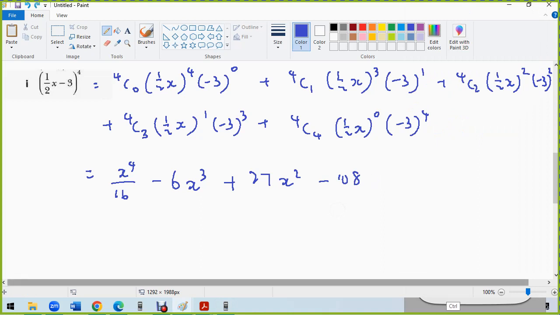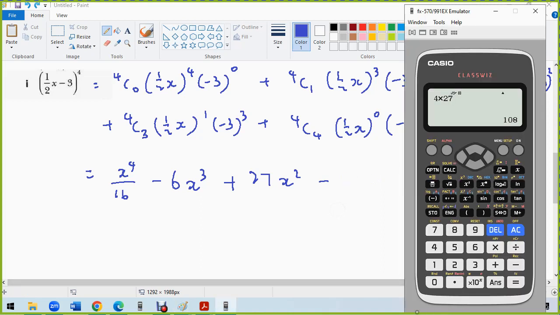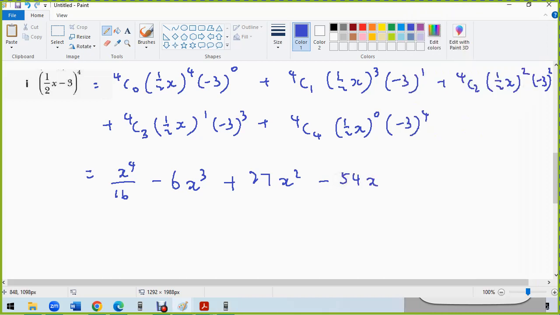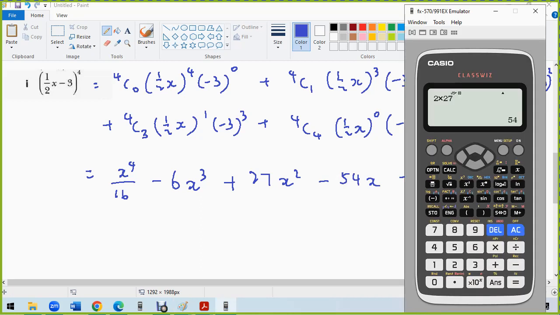No, okay. So 4 divided by 2, 54x, and then plus 81. Okay, so what we have here is 4C0 multiplied with the half power 4, and then multiply with the negative 3 power 0.